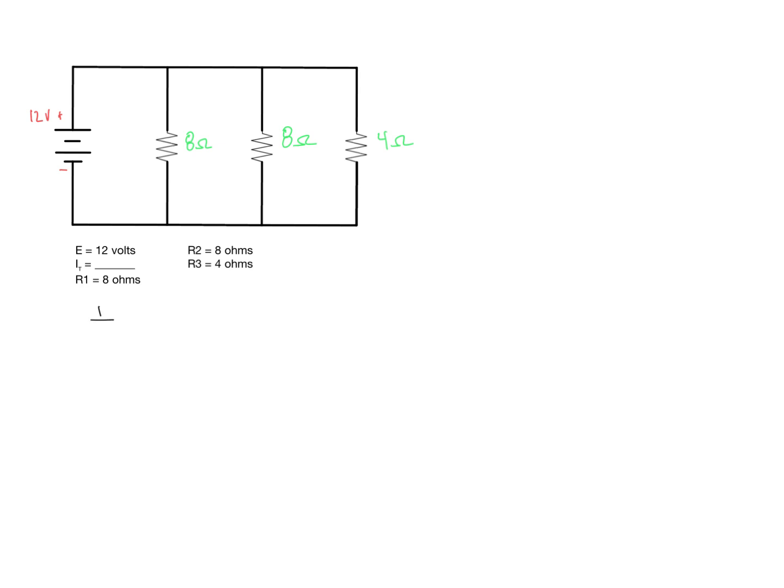So again, I'm going to figure out my resistance total. So, and then we need a common denominator. 4 and 8 will both go into 8. So we don't have to do anything with the first two here.